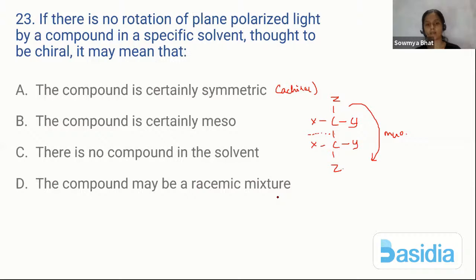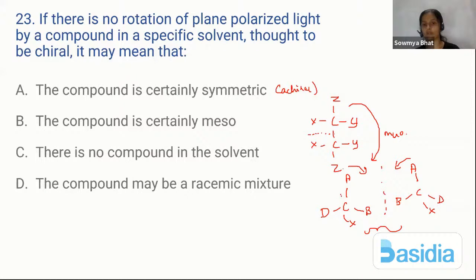The compound may be a racemic mixture. Racemic mixture in the sense, if you have a compound like this, for example, C is attached to four different groups, and this is going to rotate the plane polarized light to the right. And if you keep the mirror, you are going to get the mirror image of this one, like this. And now these are non-superimposable. This is going to rotate the plane polarized light to the left.